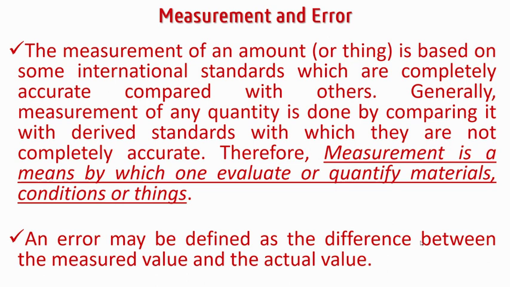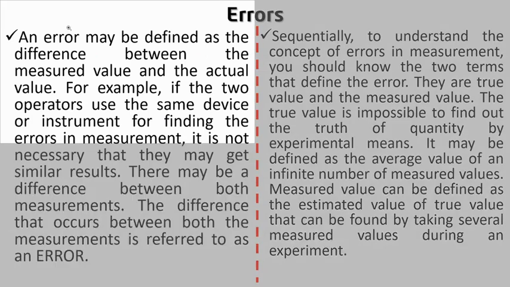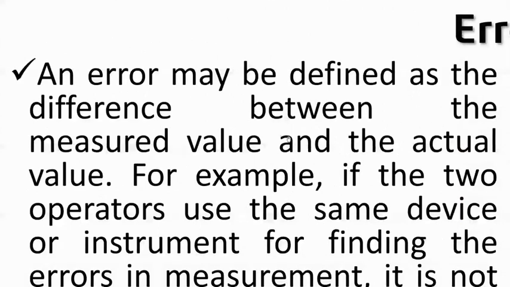Now, when we talk about error, we are saying that errors are not mistakes, because definitely everything you measure will have a certain percentage of error in it. An error may be defined as the difference between the measured value and the actual or the true value.